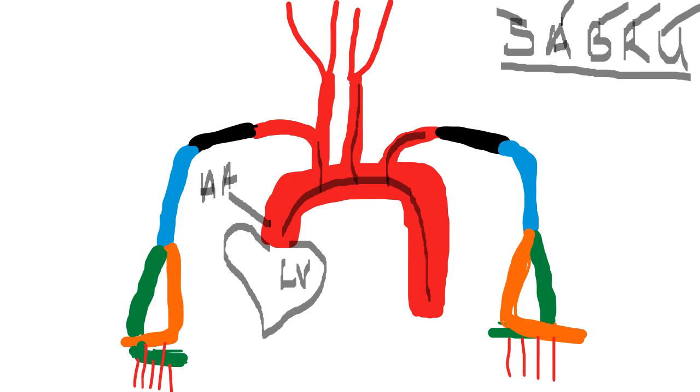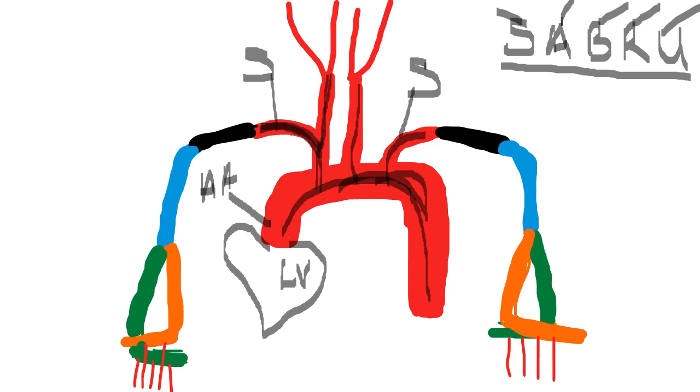The brachiocephalic trunk will give rise to the right subclavian artery and the right common carotid artery. So this is what I wanted you to know: on the right side the subclavian artery arises from the brachiocephalic trunk, while on the left side the subclavian artery arises directly from the aortic arch. So these are the differences.